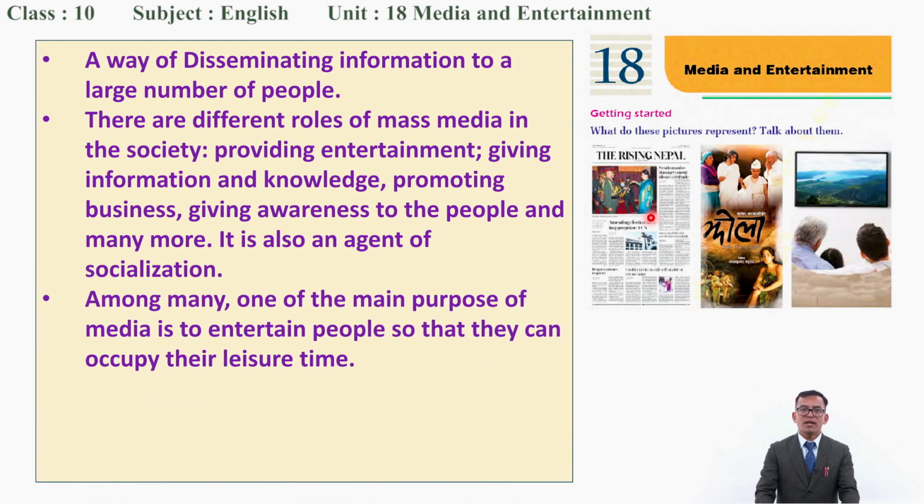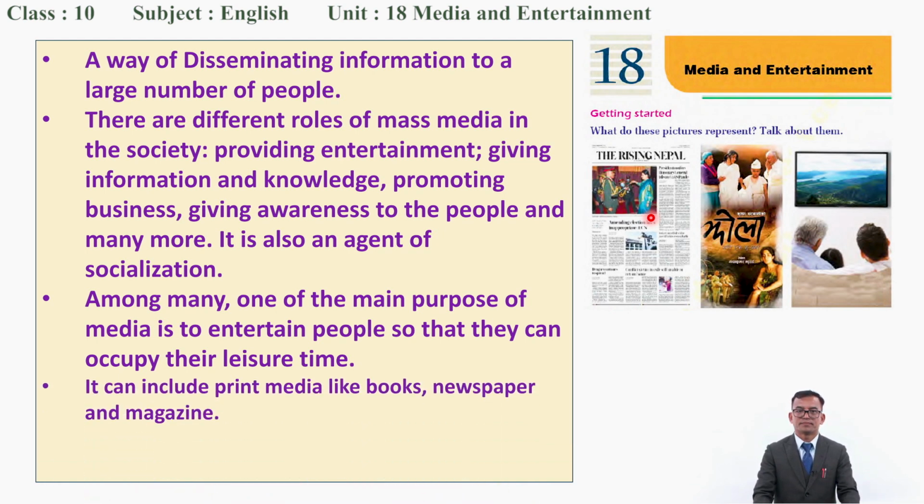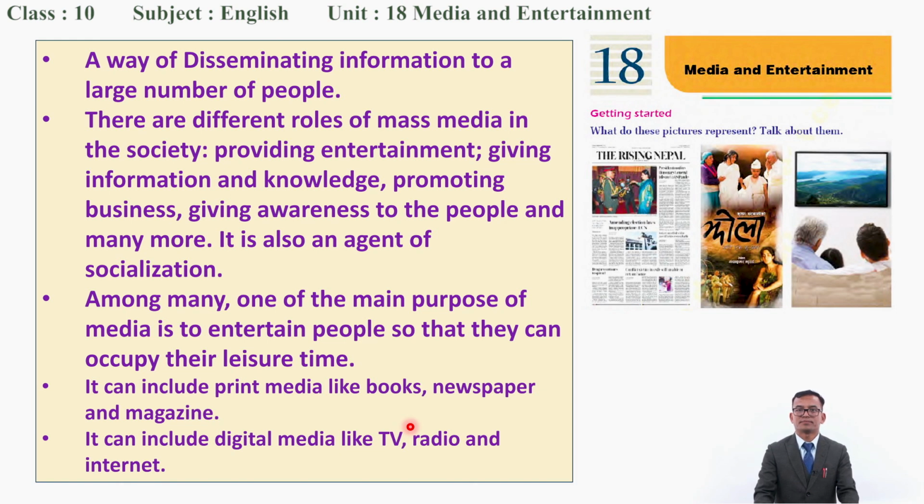Among many, one of the main purposes of media is to entertain people so that they can occupy their leisure time. It can include print media like books, newspapers, and magazines, and the digital media like television, radio, and internet.